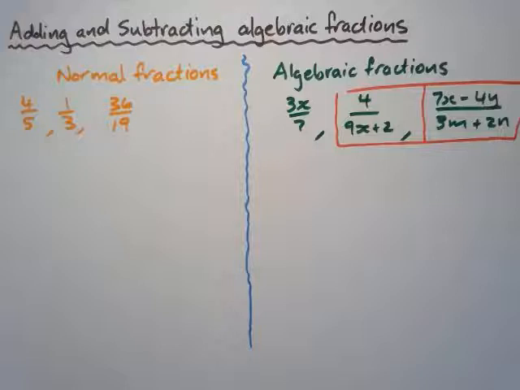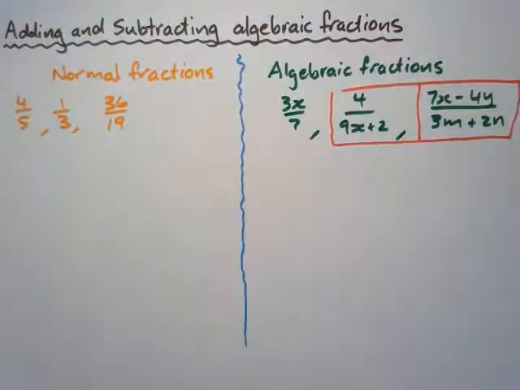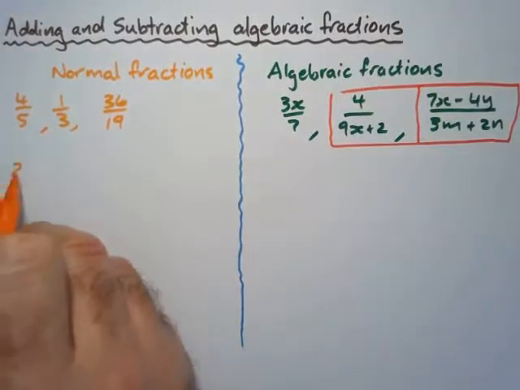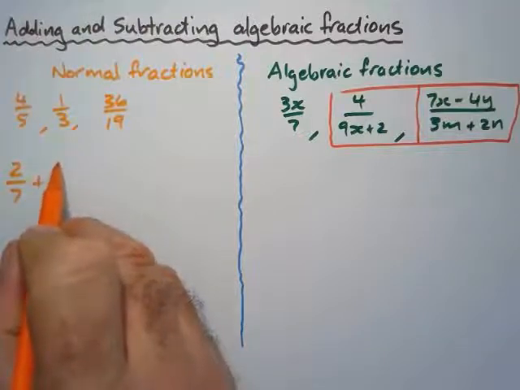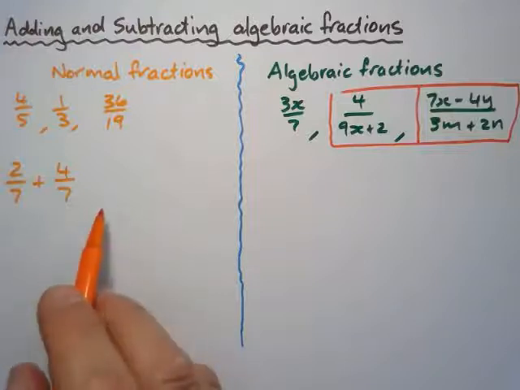Okay, so the first thing that we're going to look at is when we add or subtract fractions. Let's say they give us something like 2 over 7 plus 4 over 7. How do I do that?